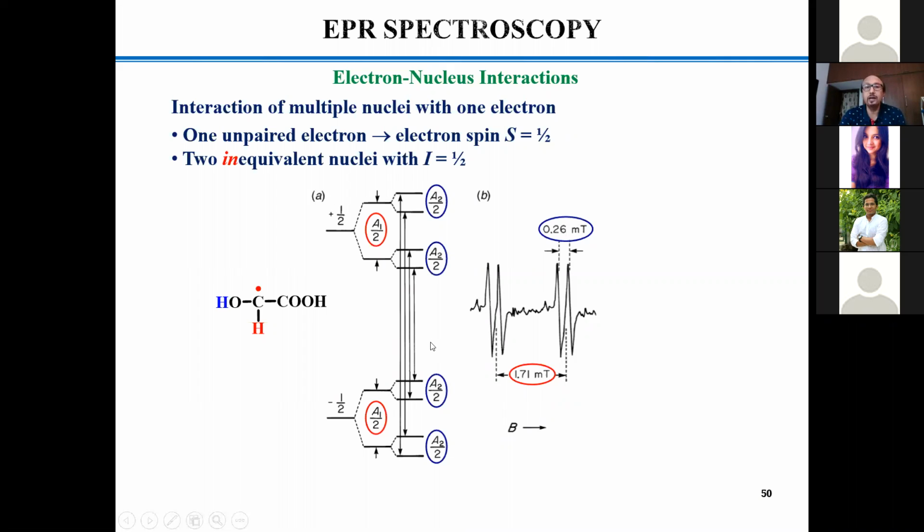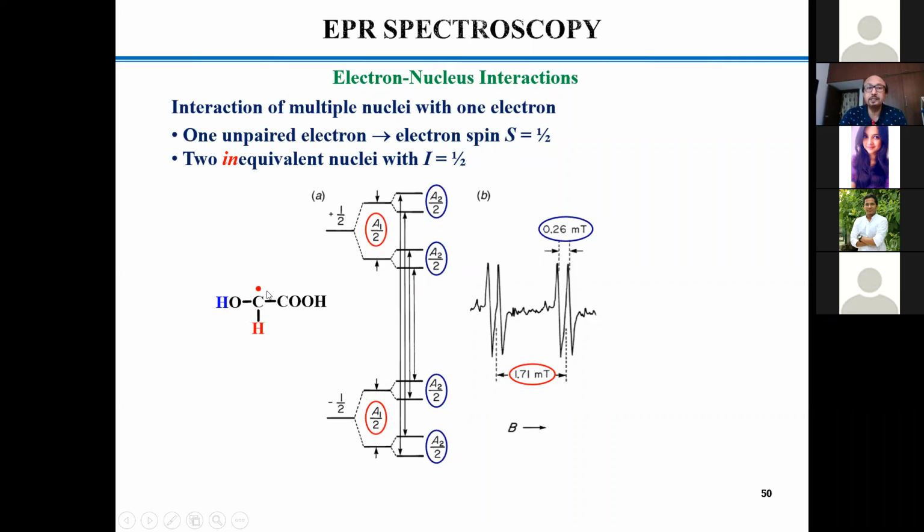Though you are getting 4 lines, essentially you are getting initially 2 lines, and each line is being split further into another 2 lines. So that one gap is the middle of this one to the middle of this one.